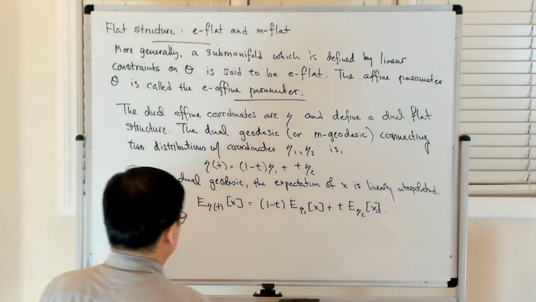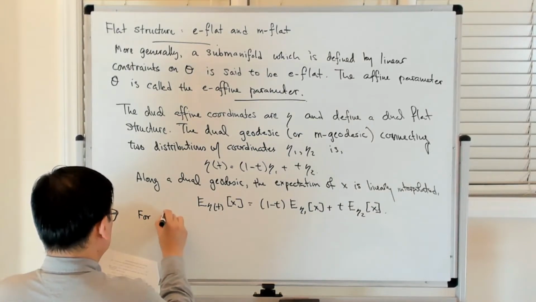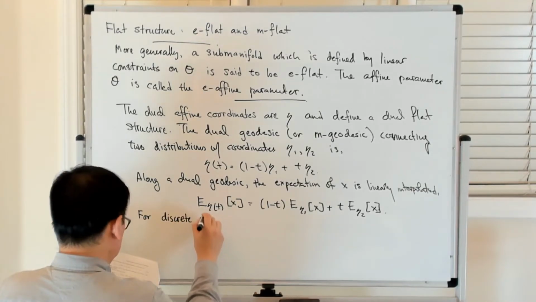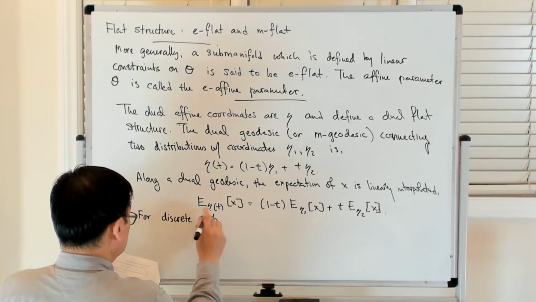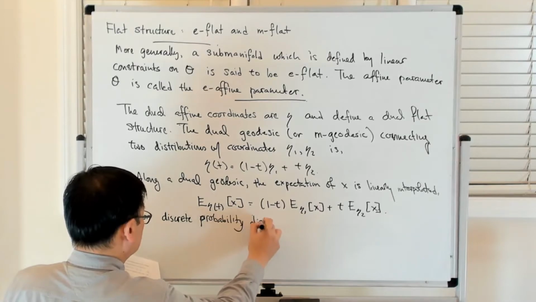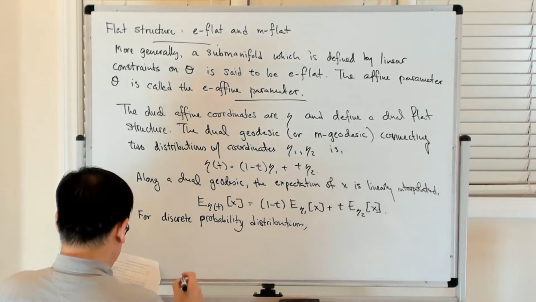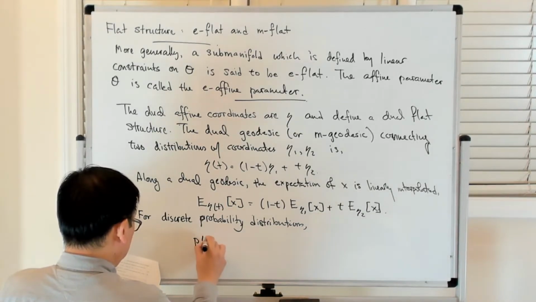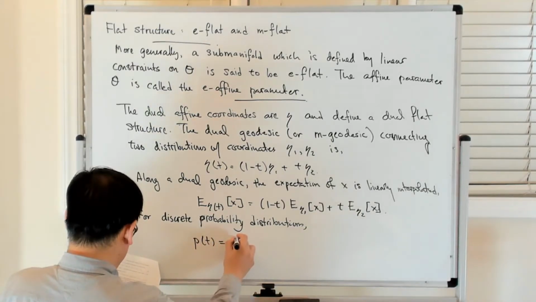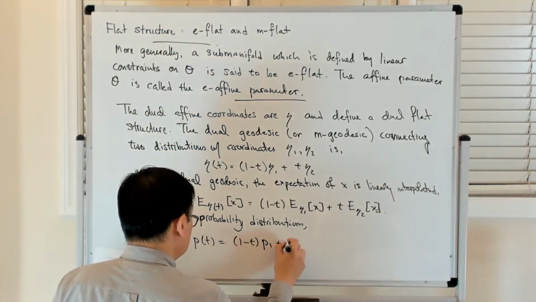And then for discrete probability distributions, the probability distribution connecting P1 and P2 is really just the convex mixture, if you will, of those probability distributions.